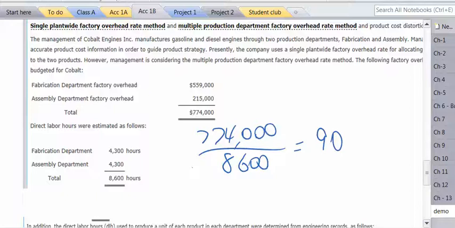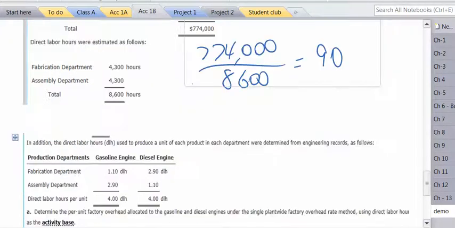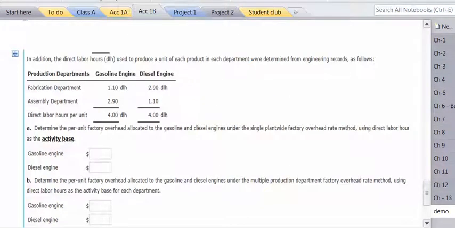So $90 per hour. And I can then, for the single plant-wide rate, multiply the $90 times the total number of hours used. So it's going to be 4 hours for each. Under the single plant-wide rate, I'd take $90 times 4, and that's $360.